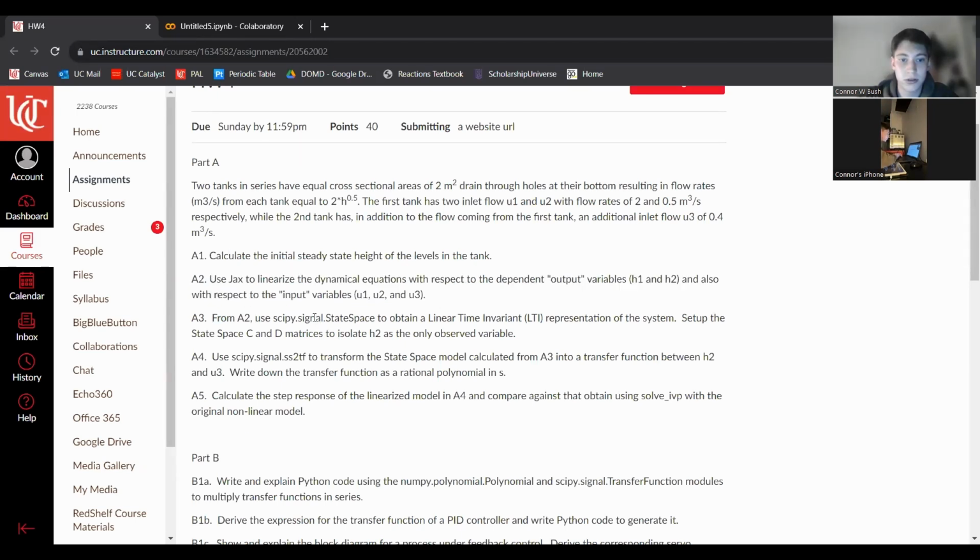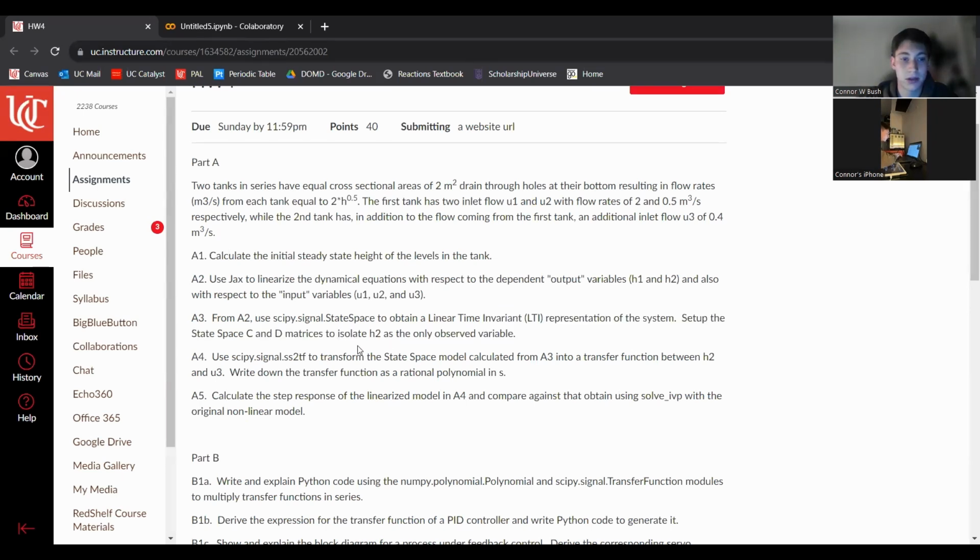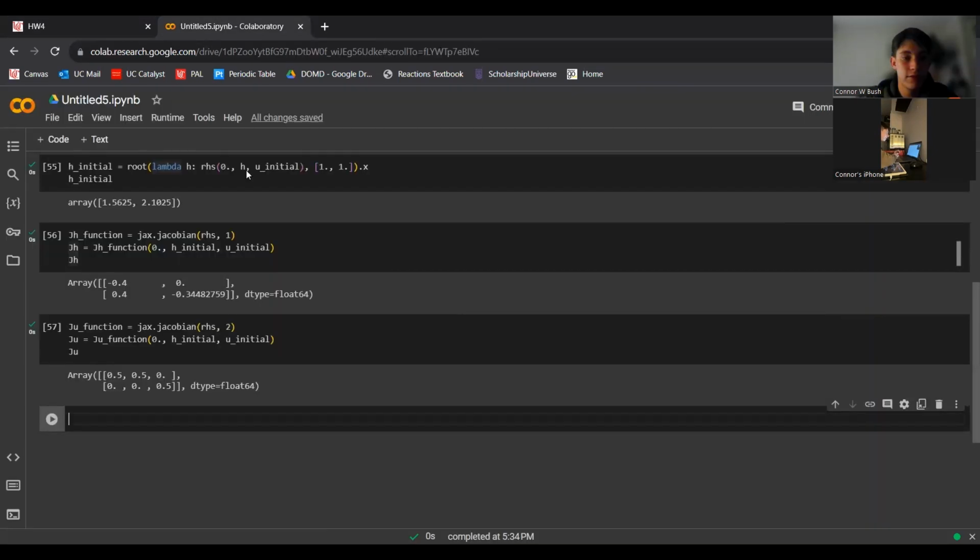We want to obtain a linear time invariant representation of the system. So we're going to create a state space model. A state space model has 4 matrices, A, B, C, and D. A and B we have already, so that is our JH and JU.